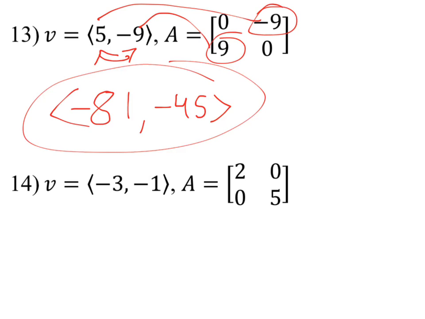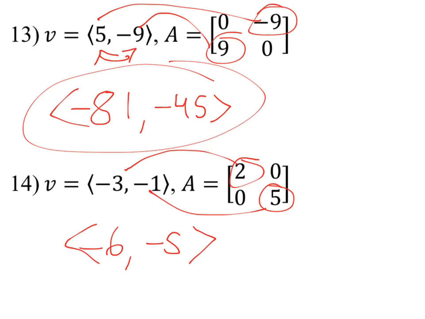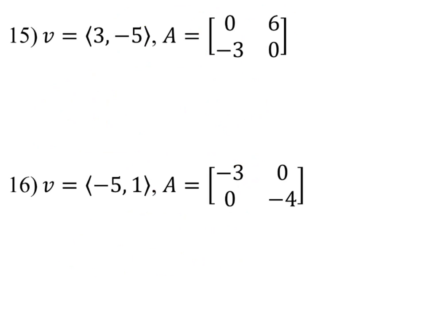for my vector. On 14, we have numbers down the main diagonal, which is great, so we don't have to change the order on my vector. You just take the first one times the x component, second one times the second component. You're going to get negative 6 and negative 5, which is a little bit different of a transformation.